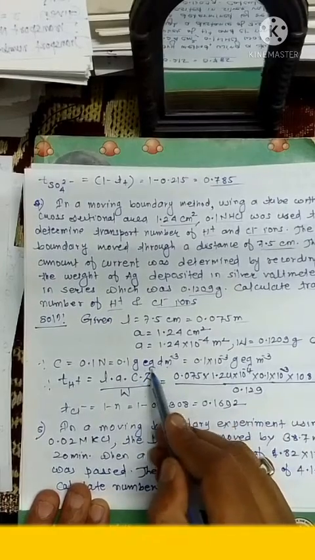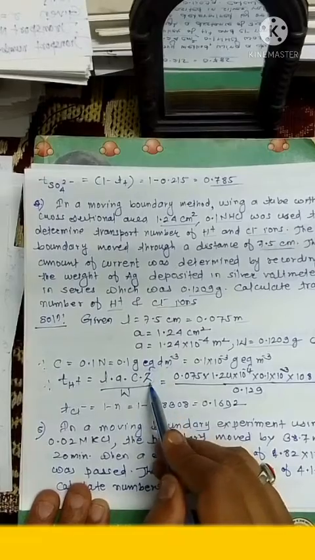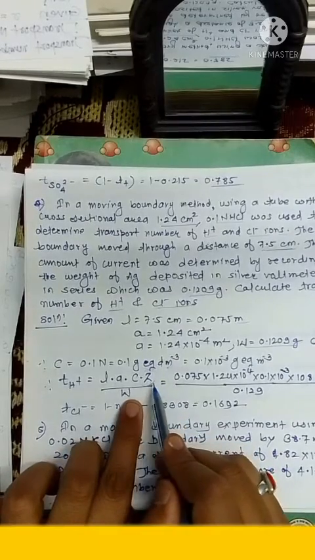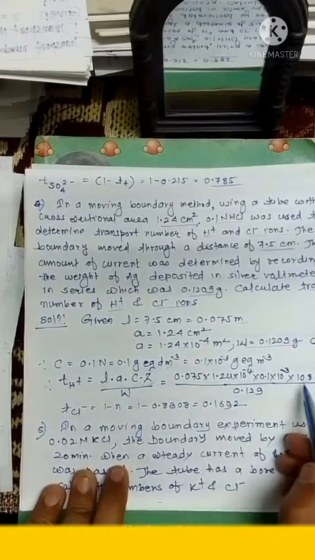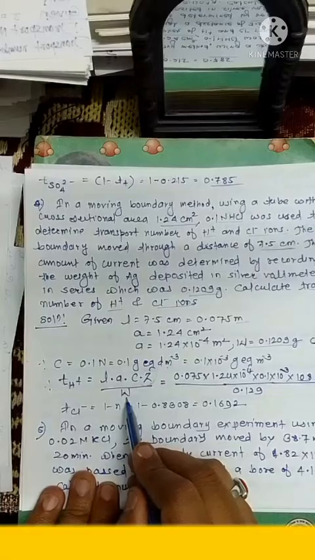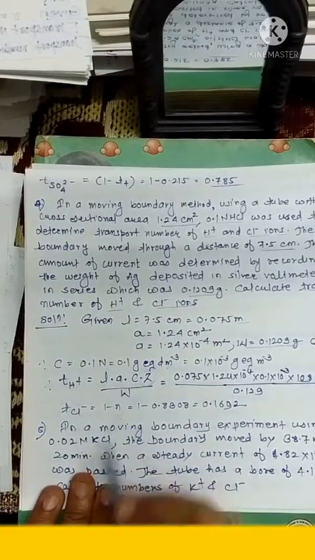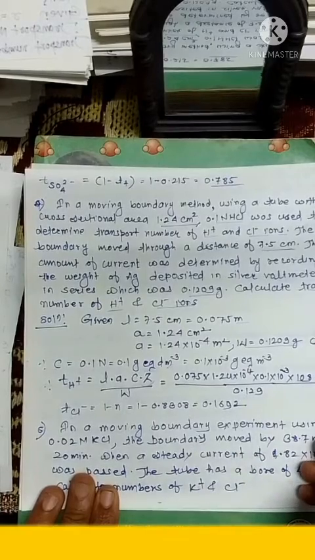Now what is Z? It is the atomic number of Ag, which is 108, divided by W. So it is equal to 0.129.